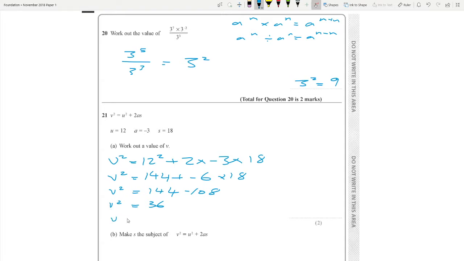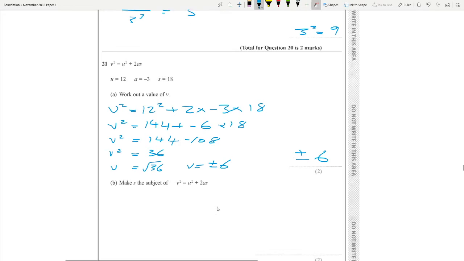So v is going to be the square root of 36. Therefore v equals plus and minus 6. Remember, when you square root a number, you have two possible values. It can be either positive or negative, because positive 6 times positive 6 is 36, and negative 6 times negative 6 is also positive 36.